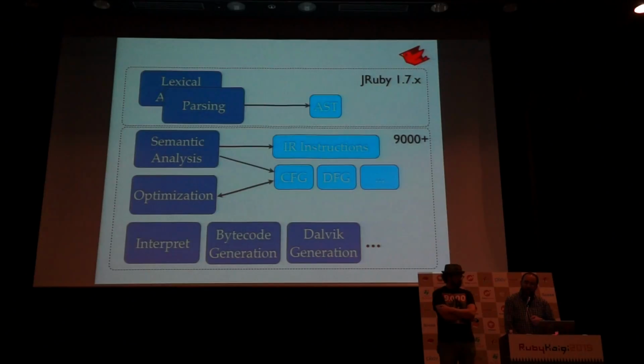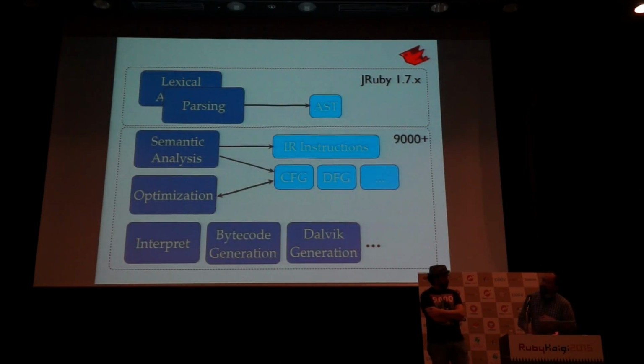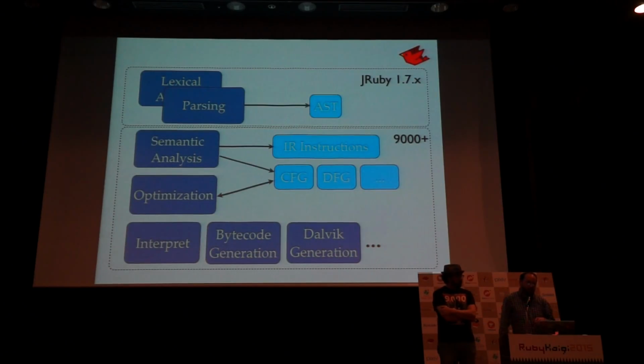So in JRuby 1.7 and earlier, we would go and parse the source and create an abstract syntax tree. Now in 9000, we have these additional compiler phases. So during semantic analysis, we'll translate that syntax tree into a set of virtual machine instructions. We'll create some other data structures like a control flow graph.